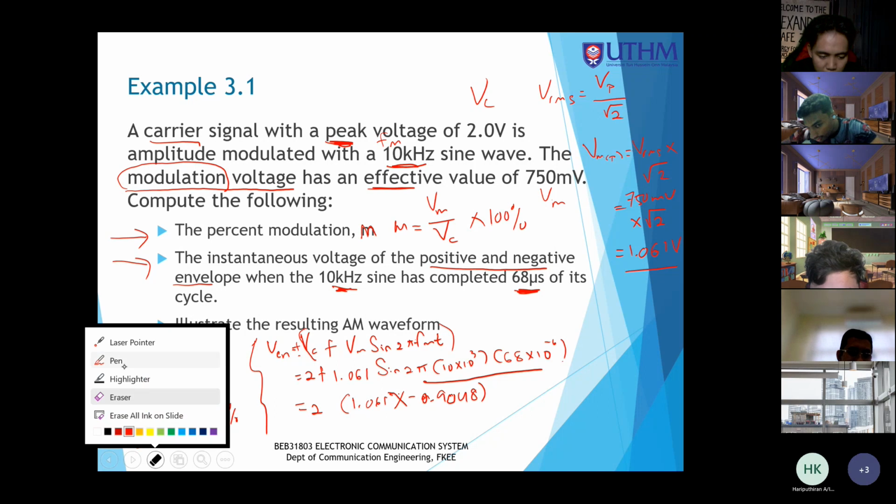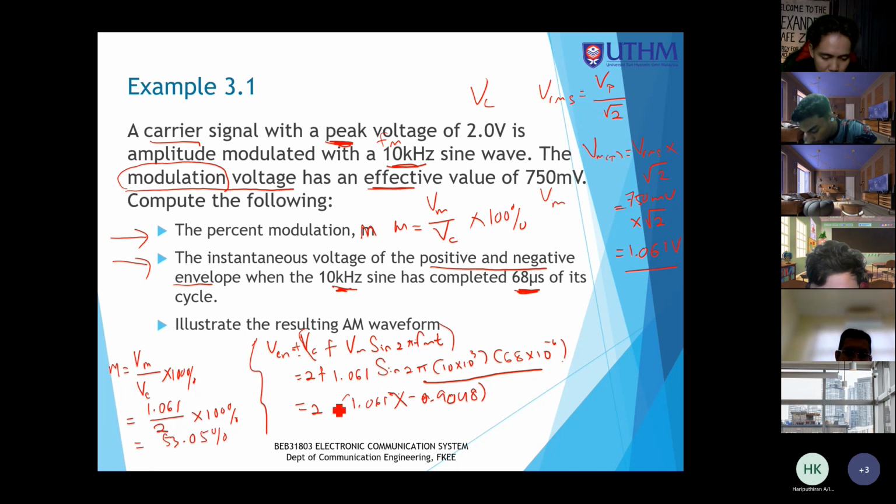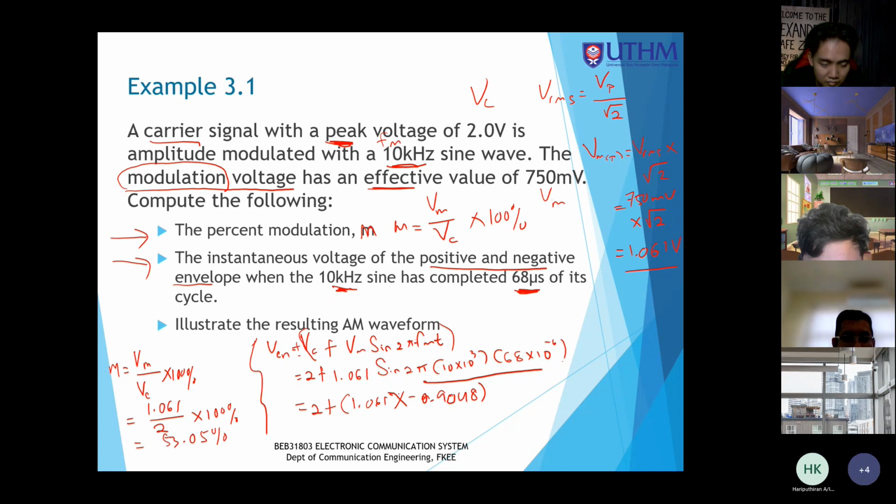So ini sama macam equation yang di depan tadi. Okay. So 2 darabkan dengan, so ini jadi 2 tolak, sama dengan 2 tolak 0.9599. So 0.96 lah.